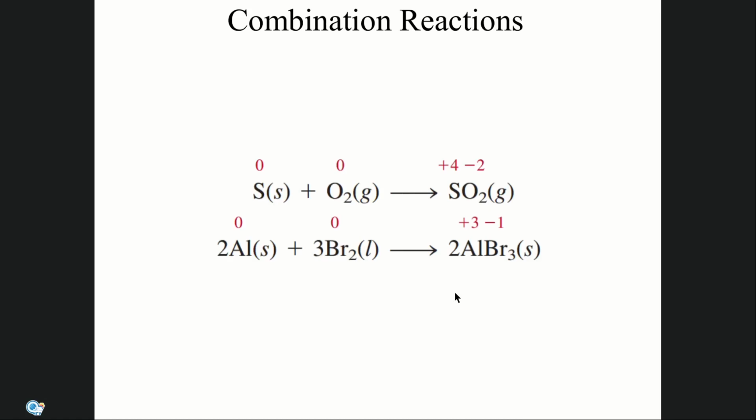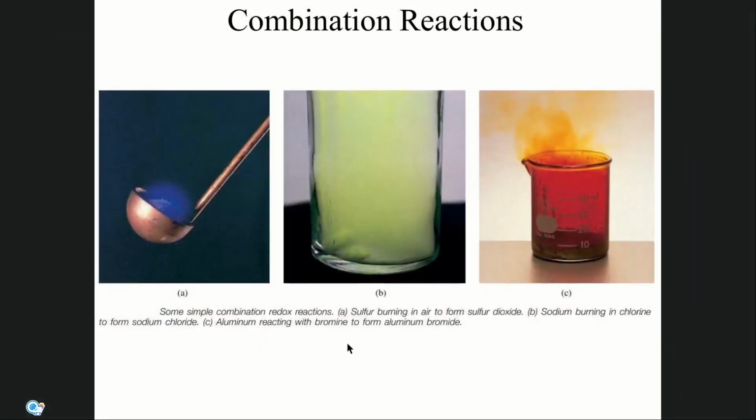A combination reaction is a reaction in which 2 or more substances combine to form a single product. For example, formation of sulfur dioxide from sulfur and oxygen, and aluminium bromide from aluminium and bromine. In this slide you can see these reactions.